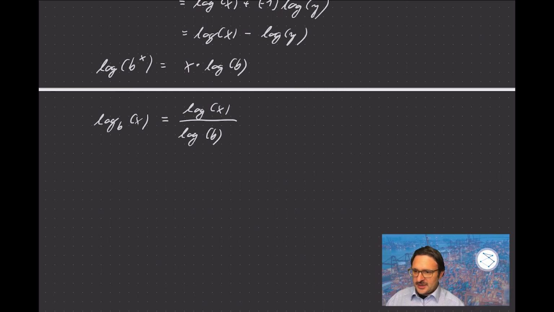I'll just mention there's one very special base. We won't discuss at this point why this is so special, but we'll get to know it later, and we'll see it has very special properties, and that is Euler's number. So let's just make a note of that.